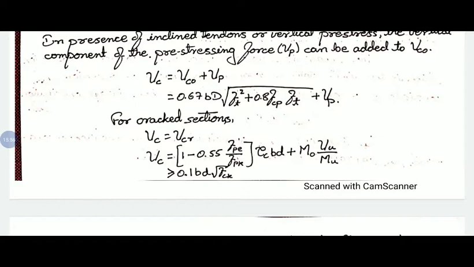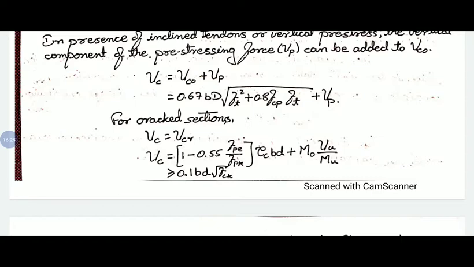So there is (1 minus 0.55 fpe by fpk) into tau c b d plus M0 by Mu into Vu. So here Vc is shear corresponding to flexure shear cracking. We have two types of shear failures, one is flexure shear and another one is torsional shear. Here we are considering only flexure shear.